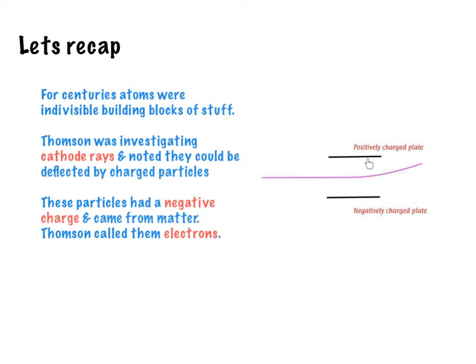If he had a positively charged plate, then he noticed these cathode rays bent towards that. That meant that these must be negatively charged, because opposites attract, likes repel. So the movement of these negatively charged particles was his claim to fame, and he gave them the name of electrons, and that's where we start from.